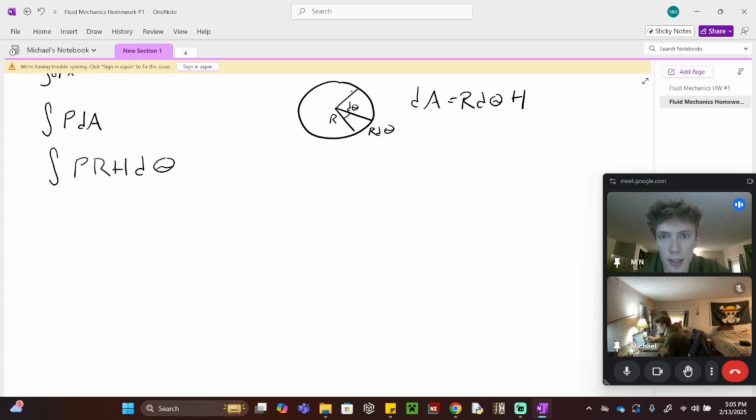So here we have P dA, and we remember that we're looking for these forces in the x direction, so we need to multiply this by cosine of theta to get these forces in the x direction, if this was theta.